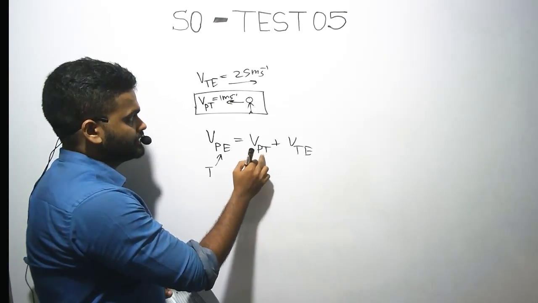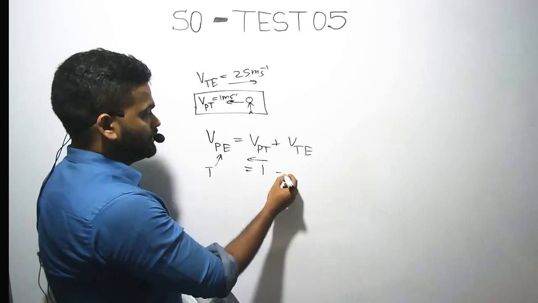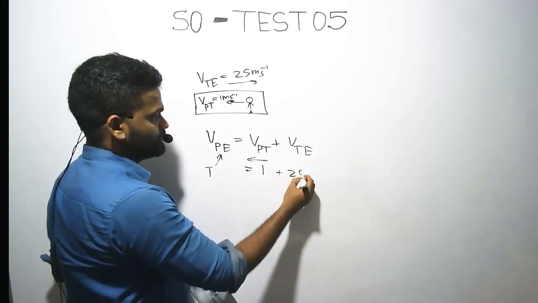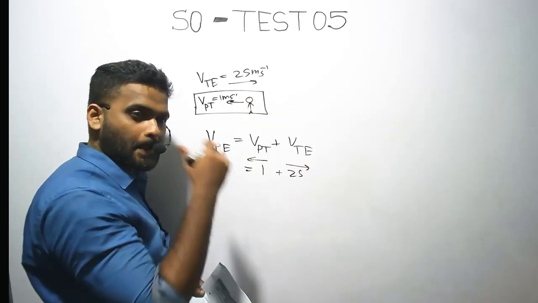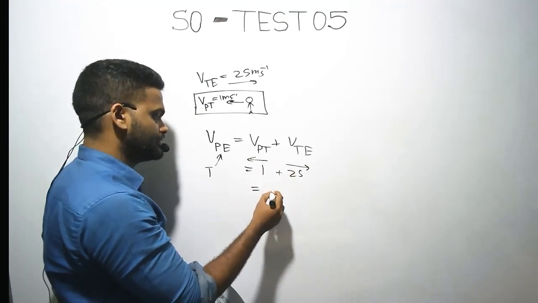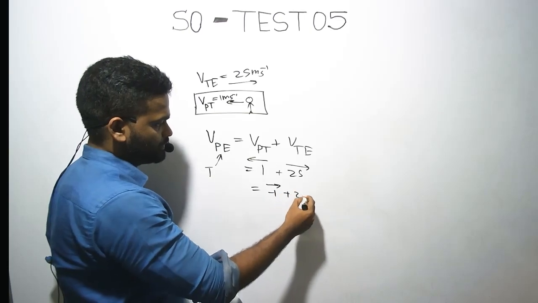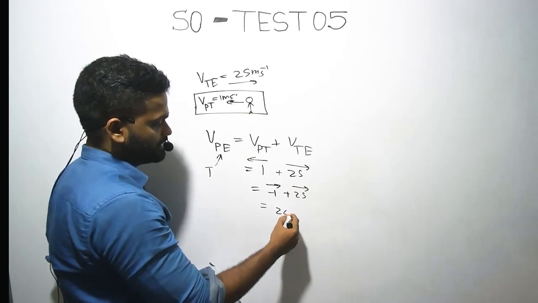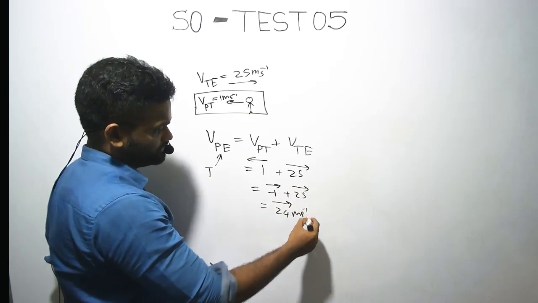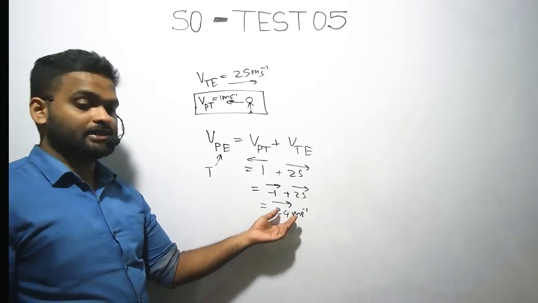So what is PT? 1 meters per second to this side. TE to this side 25. Okay. Then this is just a vector calculation. Change the directions. You can put a -1 here, 25 to this side, then 24 to this side. So this is the 24 meters per second.